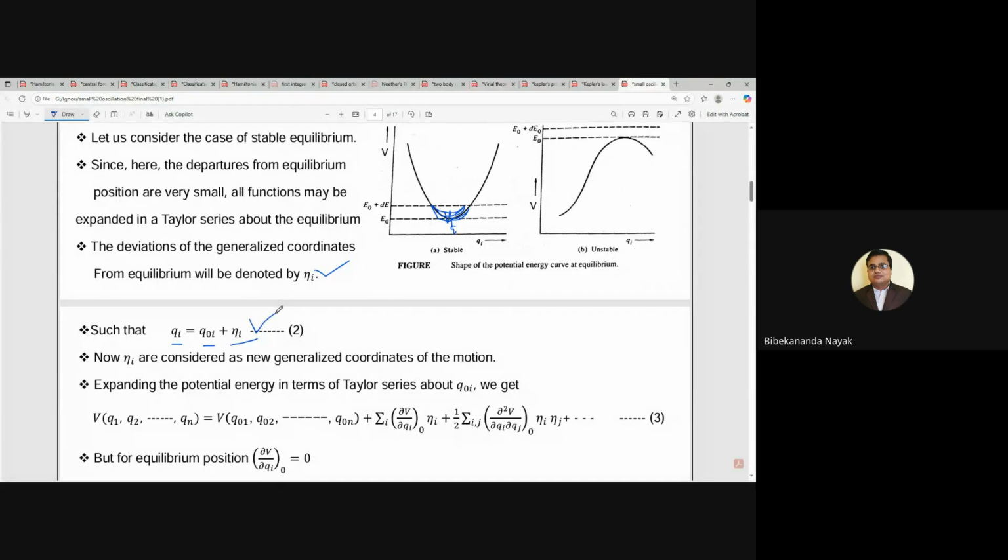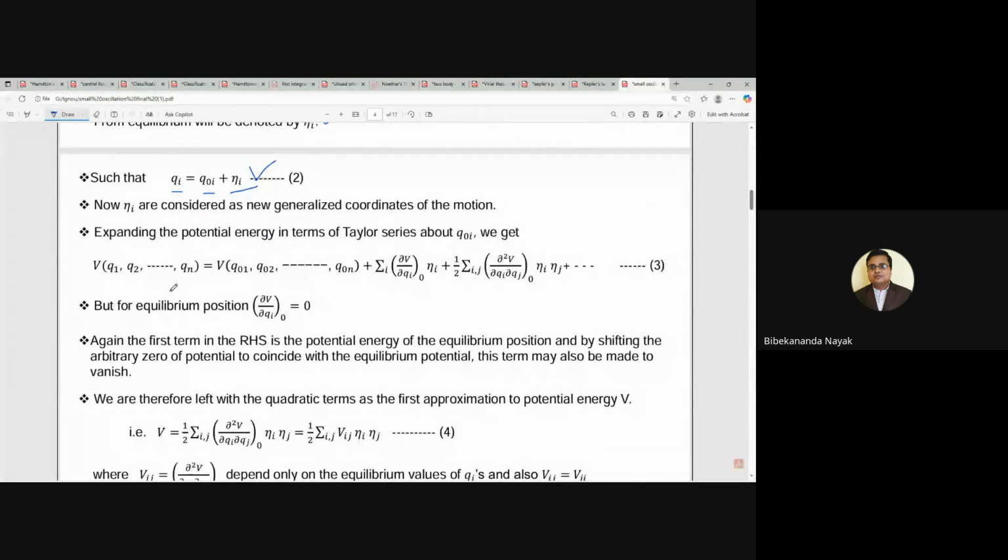Eta i is the change. Now potential is a function of position coordinate only, a function of Q0i plus eta i. You can expand it in a Taylor series about the equilibrium point: derivative with respect to coordinate at the equilibrium point times the change.